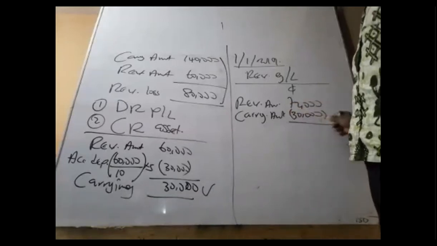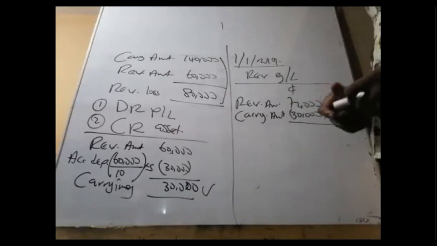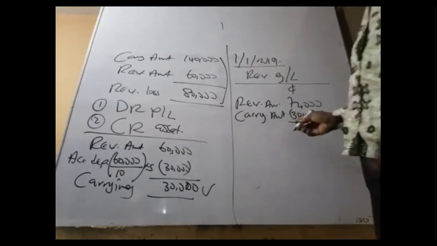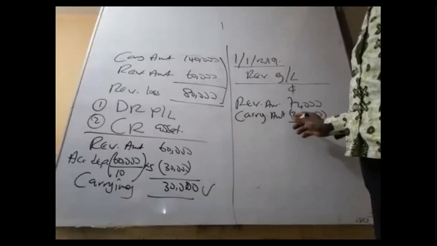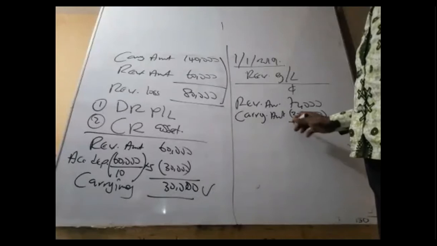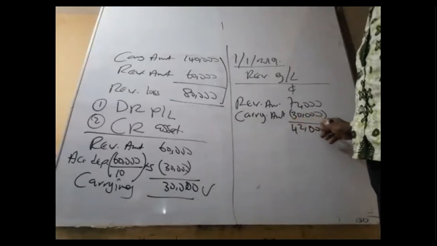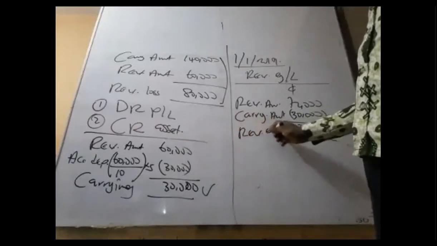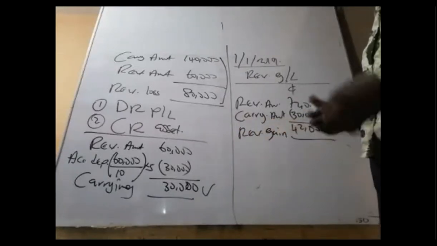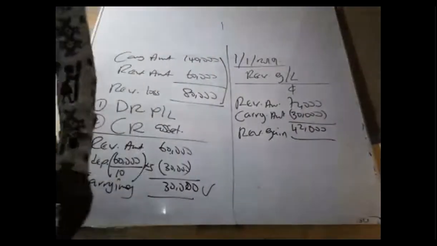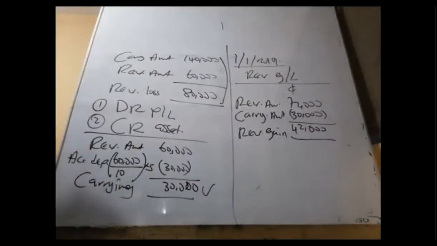You take it off. Then here will be 42,000, right? And that is revaluation gain, right? Revaluation gain. So there's revaluation gain of 42,000.